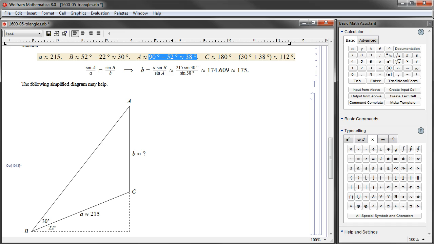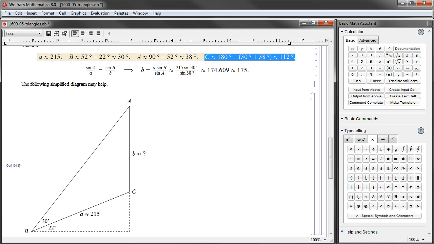Now that we have one angle, 30 degrees, and the second angle, 38 degrees, we can find the third angle, subtracting the sum of the other two angles from 180 degrees. We get 112 degrees. That's capital C. So what do we have? We have all three angles, and one side, small a, is known.